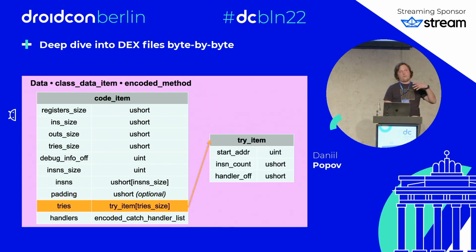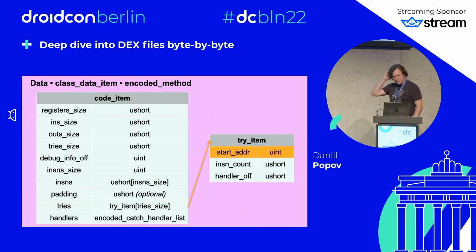Okay, and now about the tries. Now it's time to discuss how exceptions are caught in the code provided above. Try item has the start address of the block of code covered by this entry. The address is a count of 16-bit code units to the start of the first covered instruction.